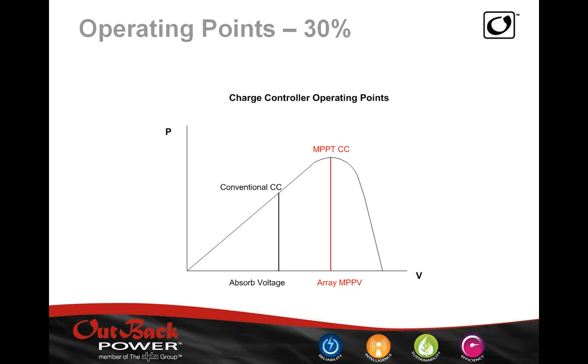So here we see that the maximum power point tracking charge controller operates right at that maximum power point. It's a huge advantage over conventional charge controllers, which don't react in the same way and aren't looking for that maximum power point. They just see a source, they modulate, and then they try to charge the batteries as they go.